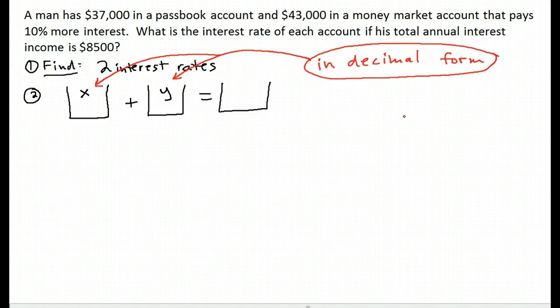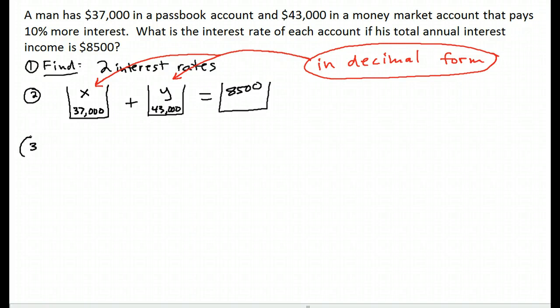I'm going to have to change them to the percent. Okay, so let's keep going. My total annual interest income is $8,500. And the only other thing I need would be the amounts. And I know that I've got 37,000 in one, and I've got 43,000 in the other.